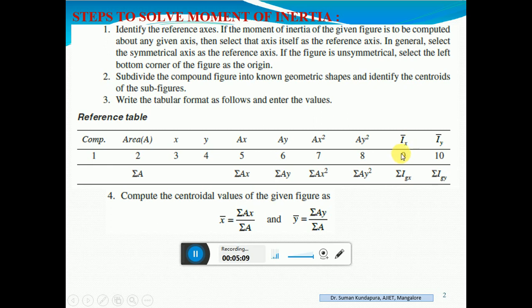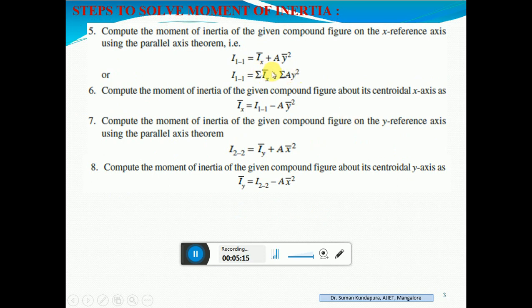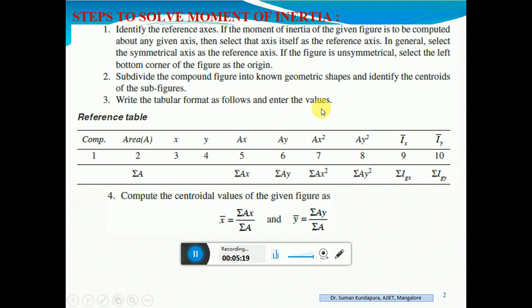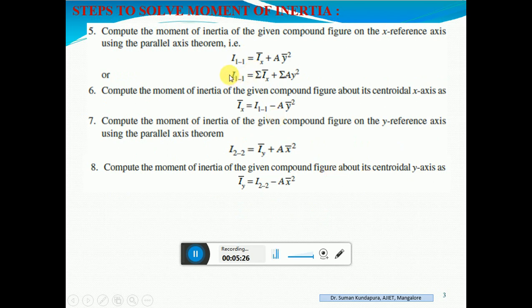The moment of inertia for each rectangular component, summation Ix bar plus A into y squared, that is got from this one, summation Ay squared, will give you the moment of inertia about axis 1-1.